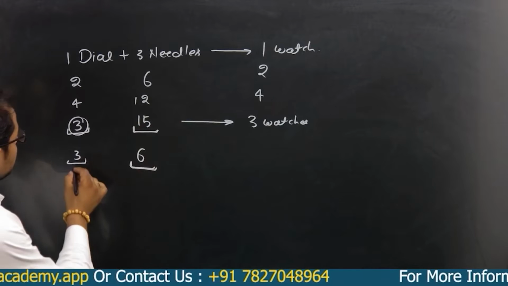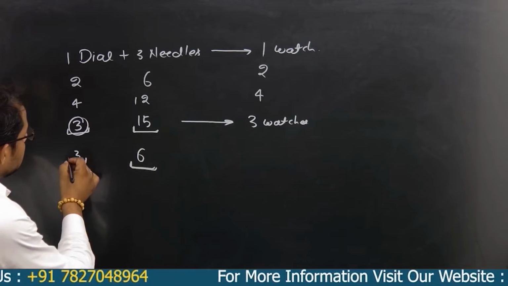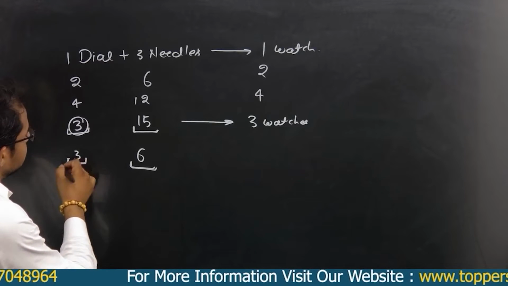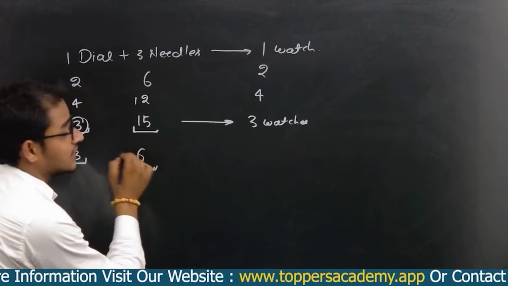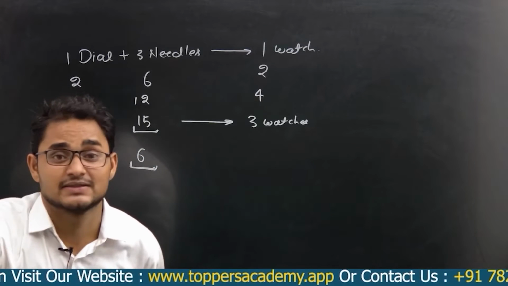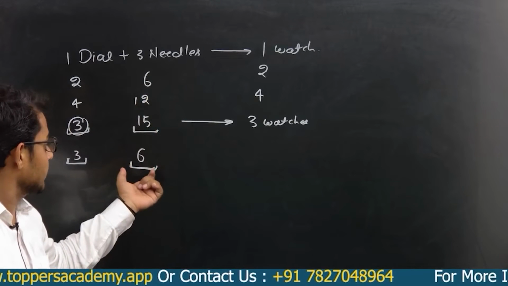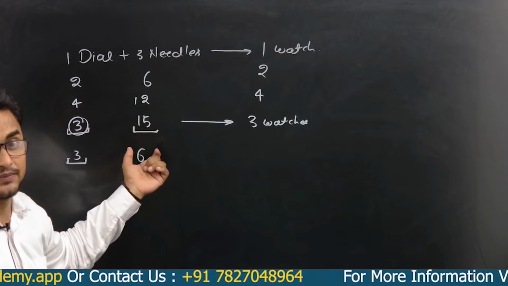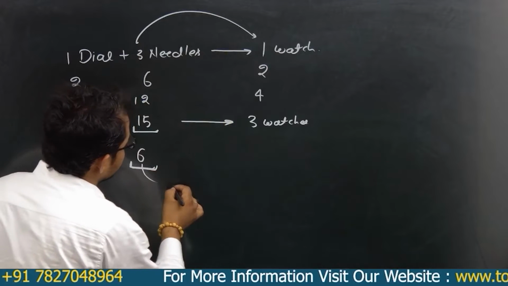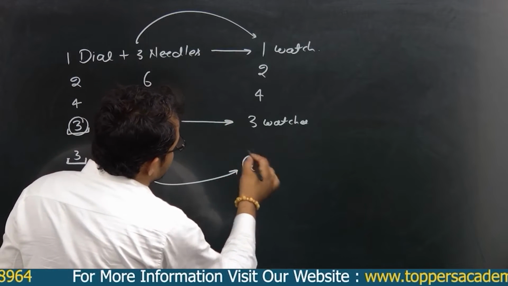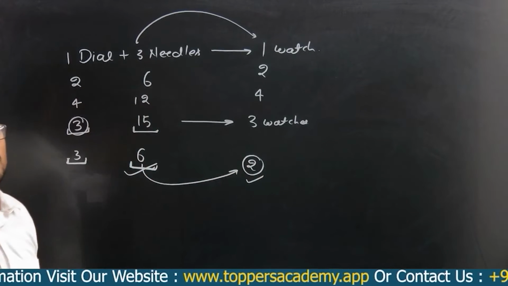For the formation of 3 watches, we must have 9 needles, but we have only 6 needles. So the product will be defined by the number of needles. As 3 needles form 1 watch, 6 needles will form only 2 watches. So this is the limiting agent, and this will be the number of products formed in this scenario.